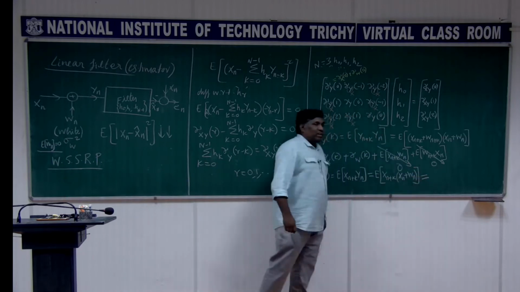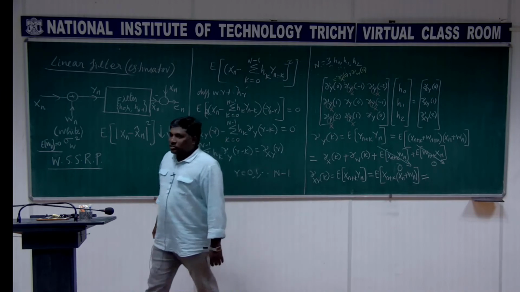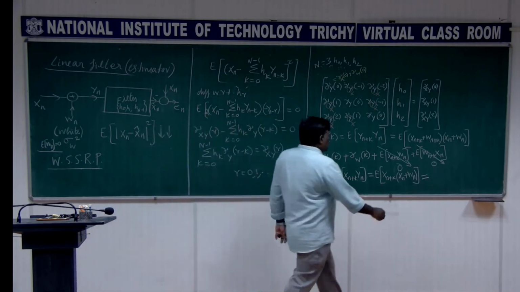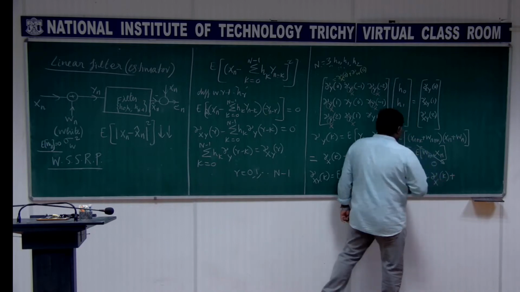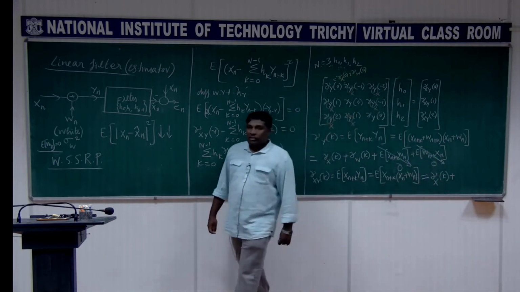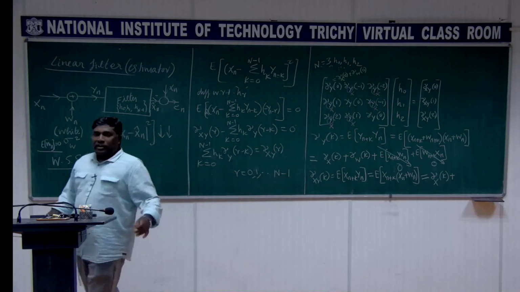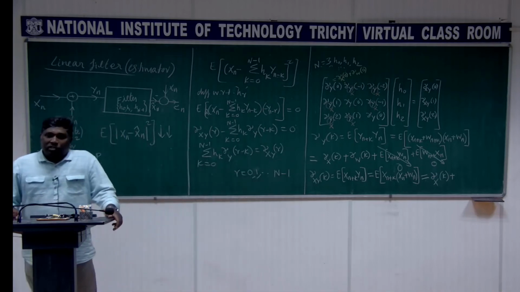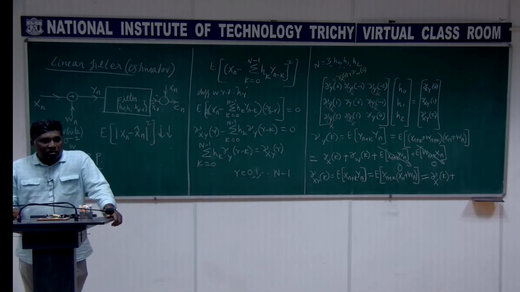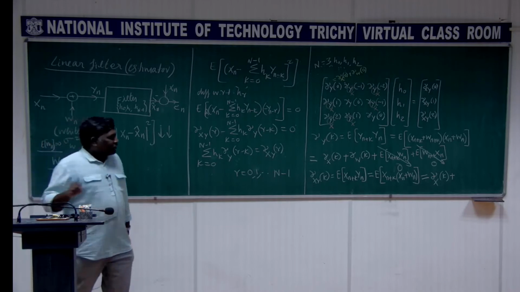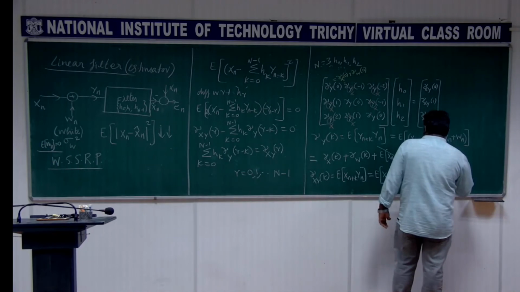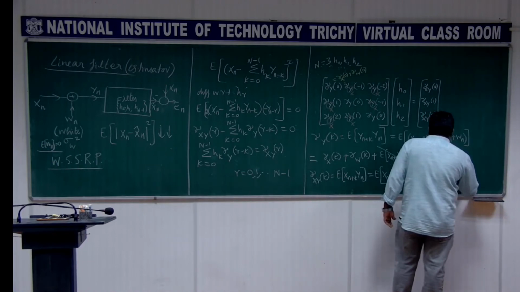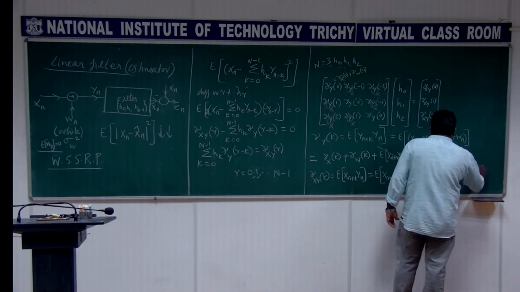This implies we have two terms. The first term is gamma x of k. The second term, as usual, x and w we treat as independent, and the expectation of wn is chosen as 0. So the second term, the expectation of xn plus k wn, becomes 0.